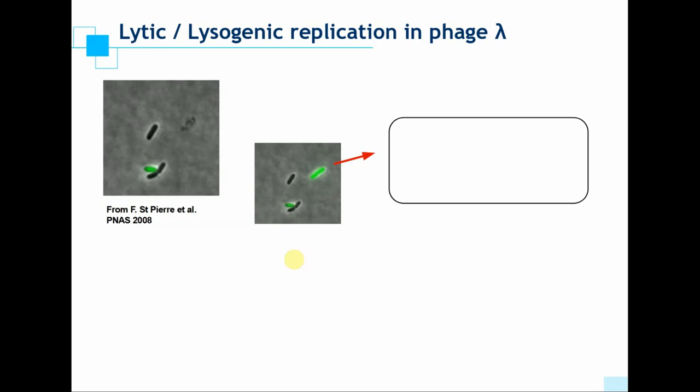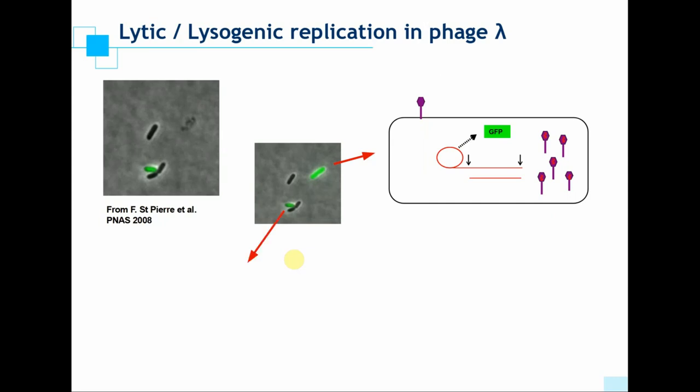The phage injects its DNA into the cell. This DNA will circularize, phage genes get expressed, the DNA is replicated, you get a lot of copies of DNA, it's packaged into new particles, and then they're released. So we have a lytic cycle.